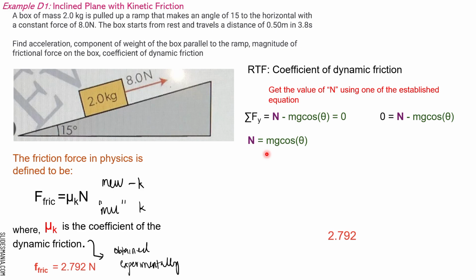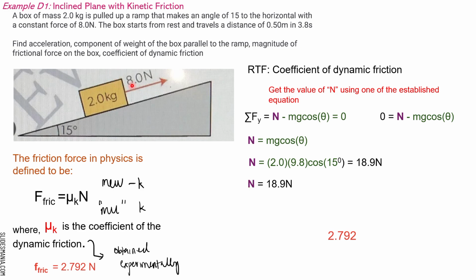Or in this particular problem, since it's an inclined ramp, mg cosine theta is the component of the weight that is perpendicular to the surface. So plugging in the given quantities, the mass of the object is 2 kilograms, the gravity is 9.8, and we have cosine 15 degrees, which gives us 18.9 newtons. So the normal force that the ramp exerts on the object is 18.9 newtons.